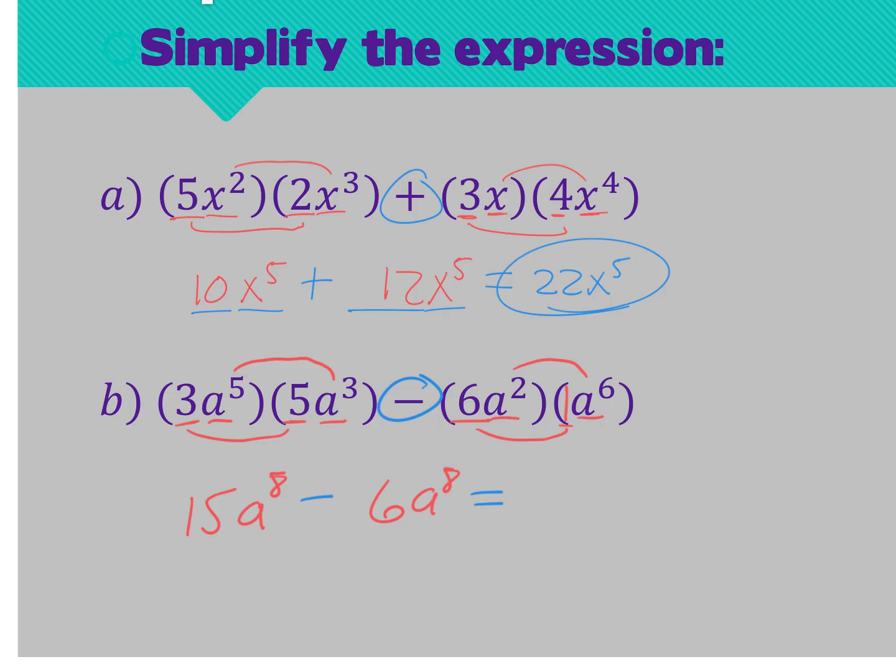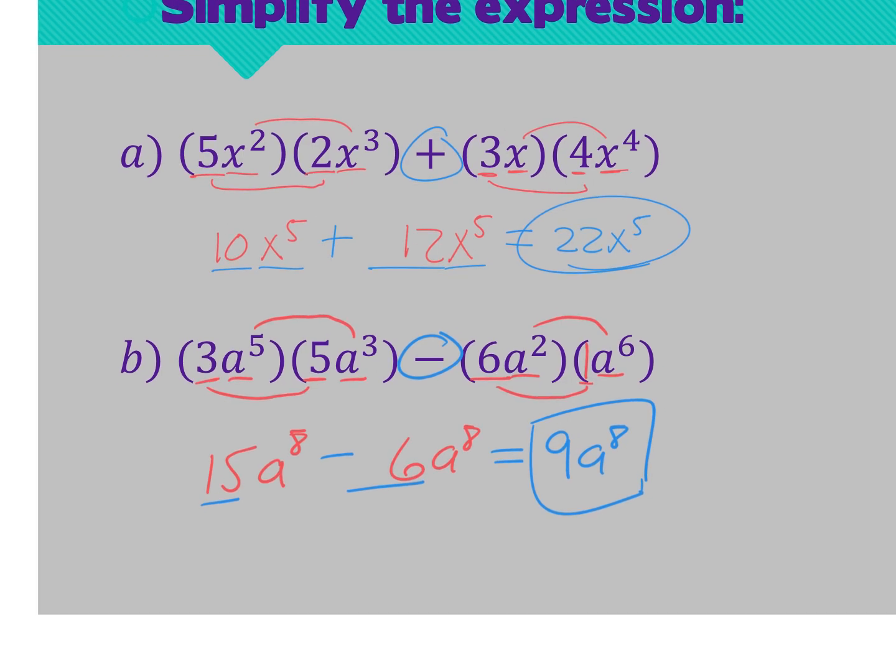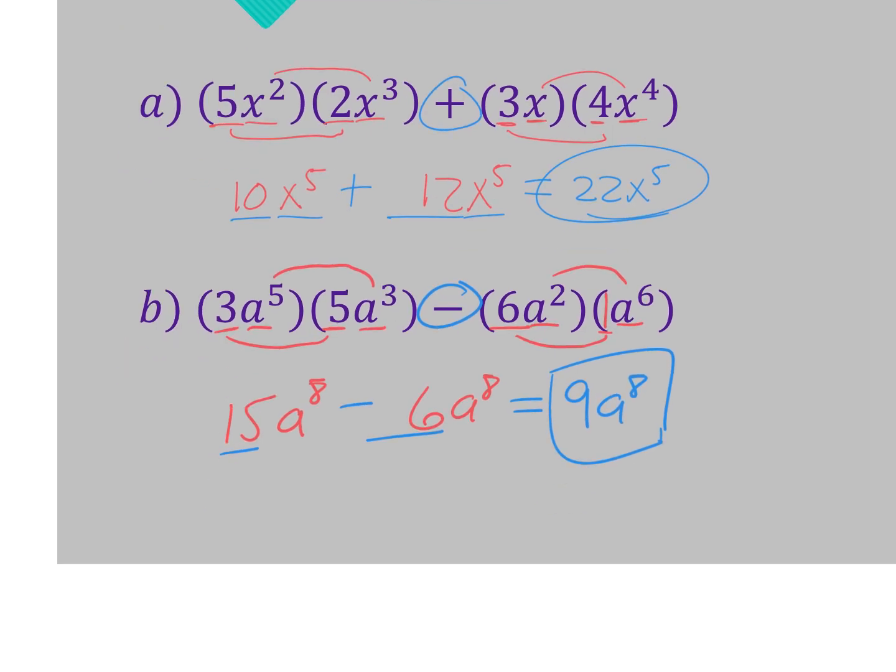The a's match, the 8's match. So this is just going to be 15 minus 6. So 9 a to the 8th. So this is just adding, subtracting polynomials, which you guys have done in Algebra 1. Some examples of things that we cannot add or subtract.